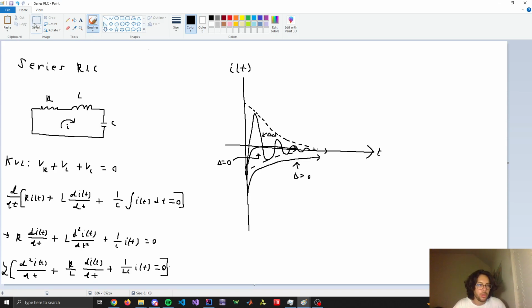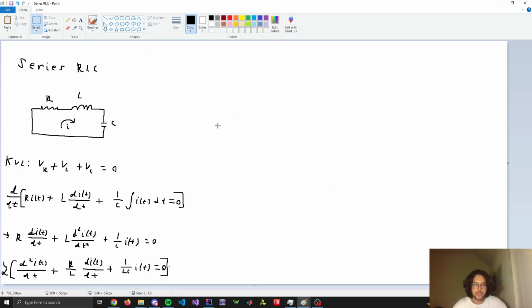And on the pole plot, the S domain, the complex plane after the Laplace transform, the poles would be located as shown. So remember, for overdamped, our poles would be somewhere here.